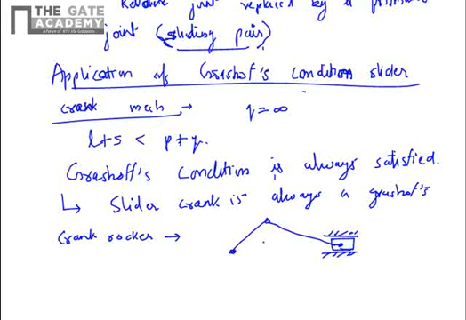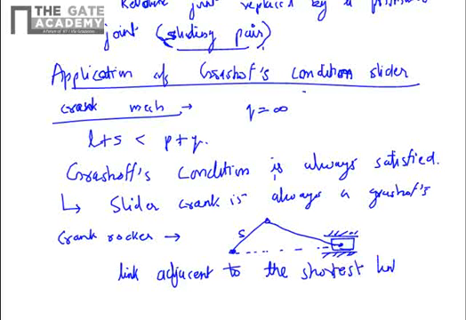This is the shortest link S, and if you recall our conditions for Grashof's different mechanisms, a crank rocker is obtained when the link adjacent to the shortest link is fixed. So in this case, this crank is the shortest link and the link adjacent to that is fixed. That's how you get a crank rocker arrangement.